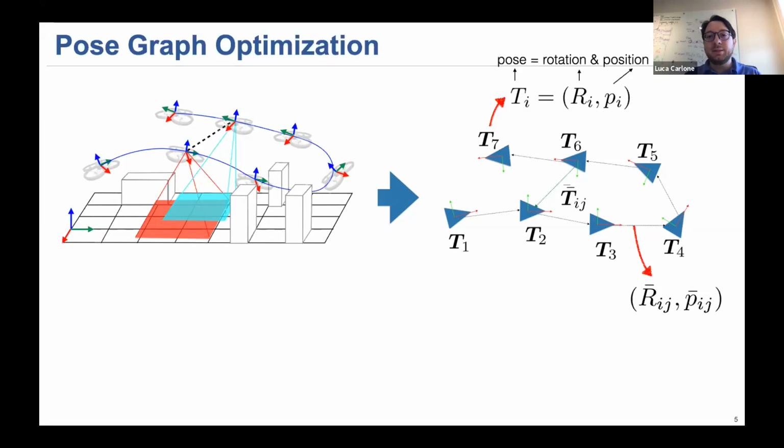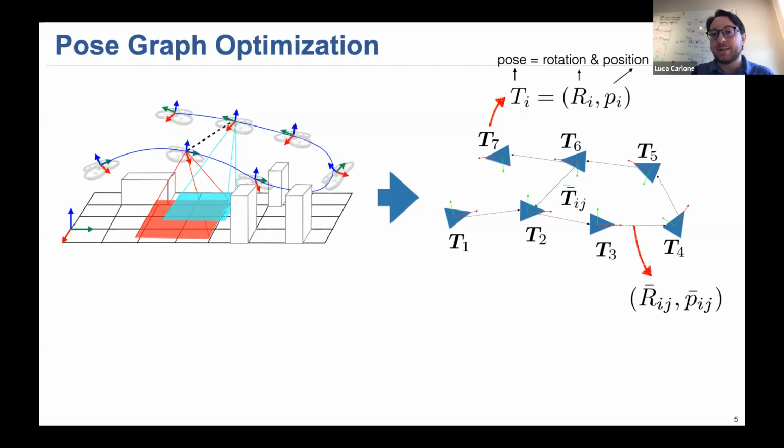And in this graph, the edges correspond to measurements between two poses. So there is, for example, an odometric measurement between pose T1 and T2, because we're able to measure the odometry between the two poses. In general, every edge in this graph is obtained by some pre-processing of the sensor data. There is something called the SLAM front end, which pre-processes the sensor data to create these edges in the graph.